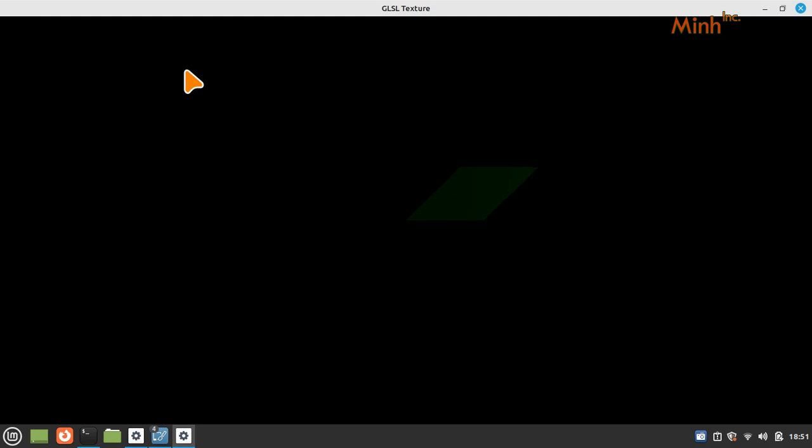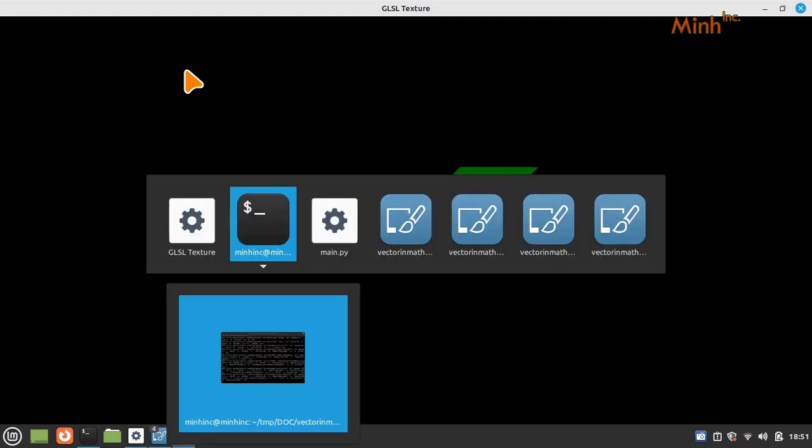Okay, so let's see the light source. The light source is rotated. Now I'll rotate the light source again. So can we think about this situation?